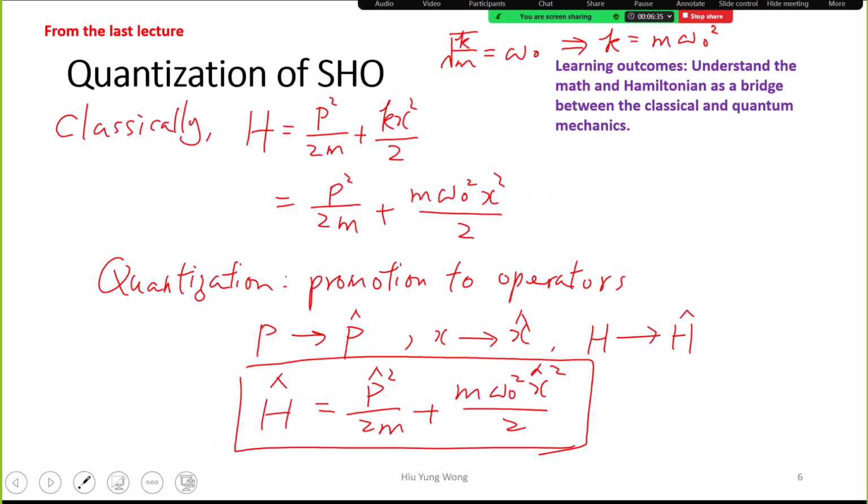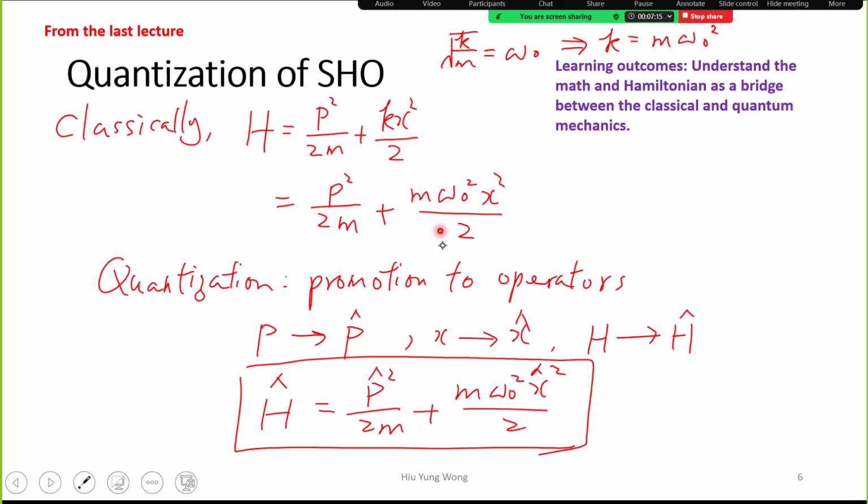With that, in the last two lectures, we talked about Lagrangian mechanics and Hamiltonian mechanics. What's so special is that once you write down the Hamiltonian as a function of position and momentum, you can go to the quantum framework right away by promoting the position to the position operator and the momentum to the momentum operator.